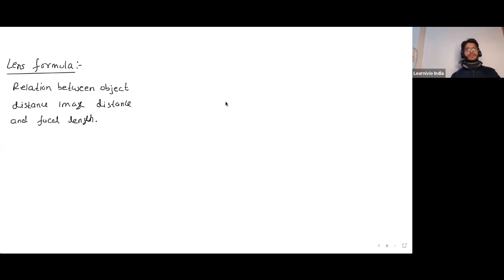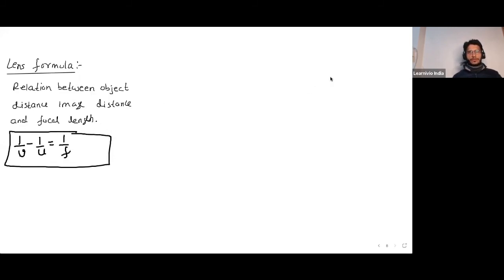So the relation between object distance, image distance, and focal length of the lens is known as lens formula. This is the lens formula basically: 1 by V minus 1 by U is 1 by F.